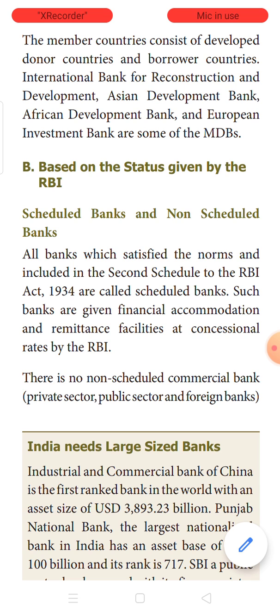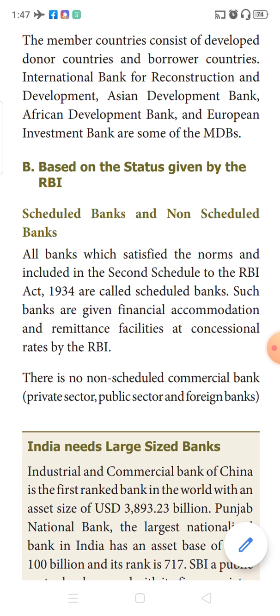If the banks are satisfying such norms given in the second schedule of the RBI Act 1934, such banks are called scheduled banks. Very simple, children. When it follows the norms given in the second schedule of the RBI Act of 1934, such banks are called scheduled banks.